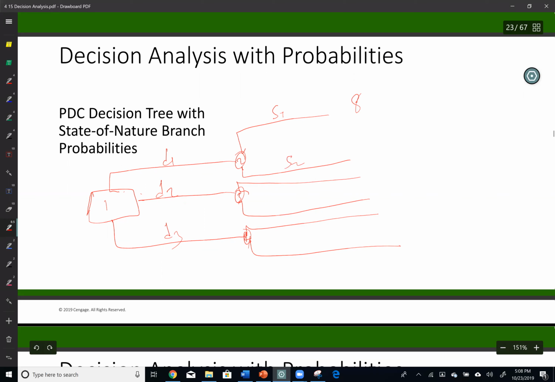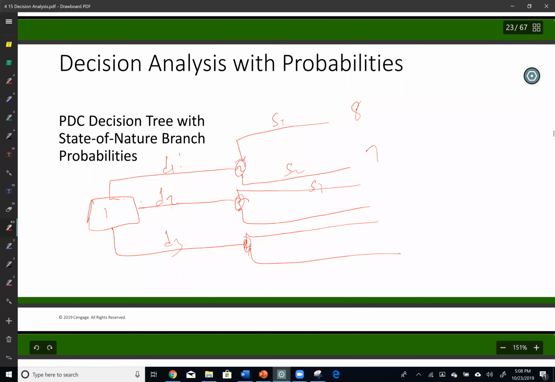If the demand is weak, I would end up 7 million with small condos. Let's label them too: small, medium, and large decisions. And here state of nature 1 is strong demand. State of nature 2 is weak demand.